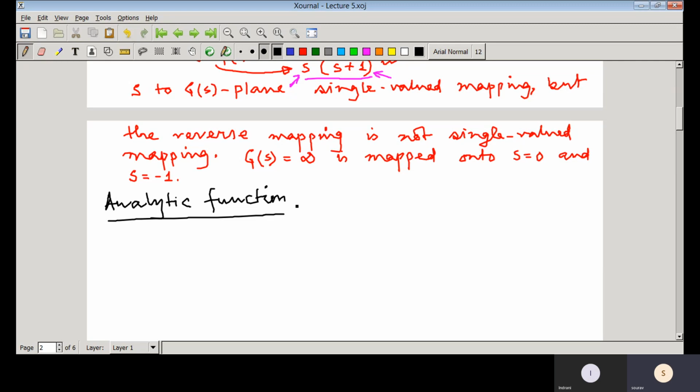The analytic function, that is the function of complex variable, is said to be analytic in a region of S plane if the function and all its derivatives exist in that region.